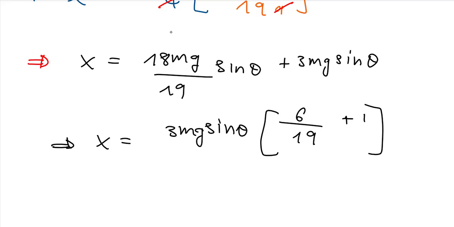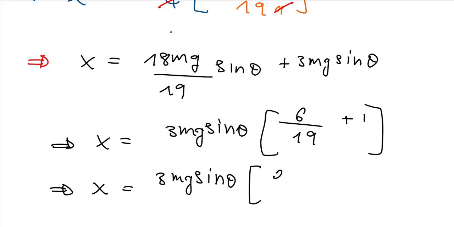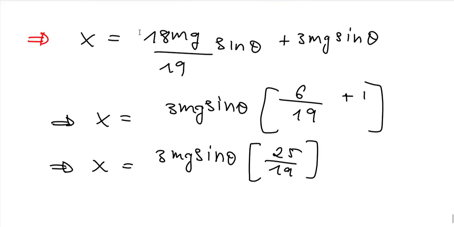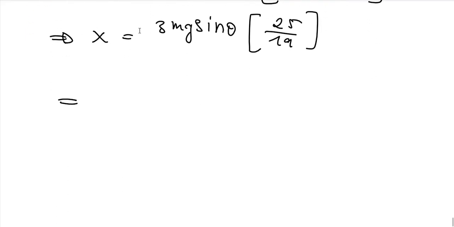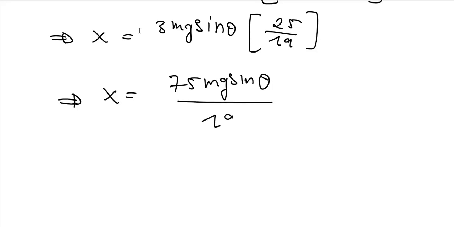So this means x will be equal to 3mg sine theta into, this will be 25 on 19. Now 25 times 3 is 75. So this means x will be equal to 75 mg sine theta, all of this on 19.